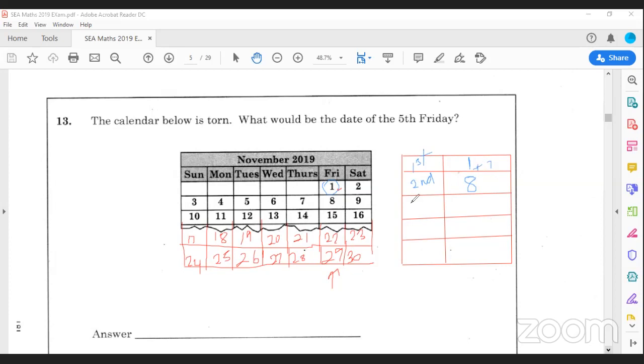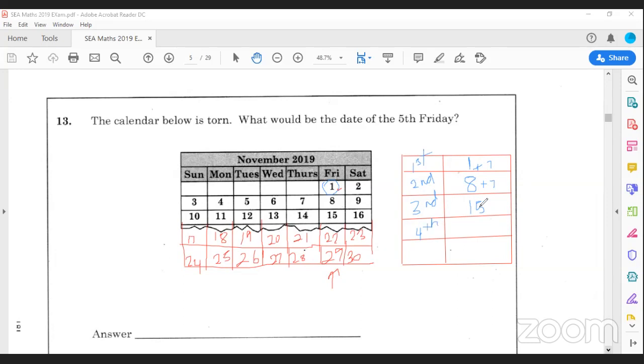Okay, let's see if this is consistent. The 3rd Friday is what? The 15th. Let's see if we add 8 and 7, if we're going to get 15. Yes, we are. So if I add 7, I'm going to get 15. So what will be the 4th Friday? I have to continue the pattern, don't I?